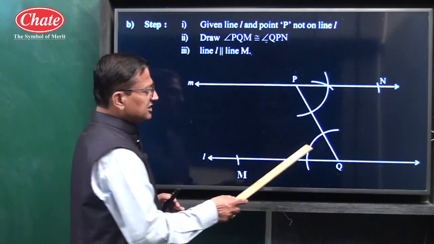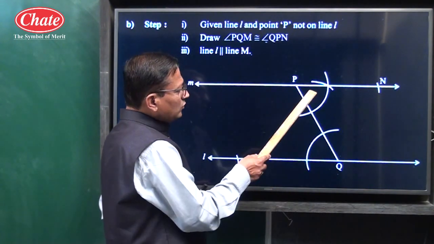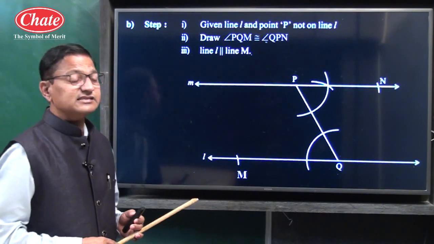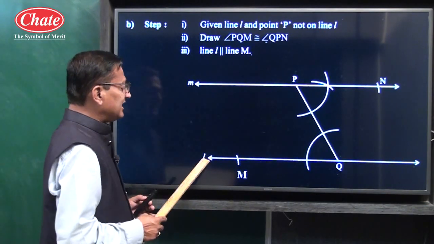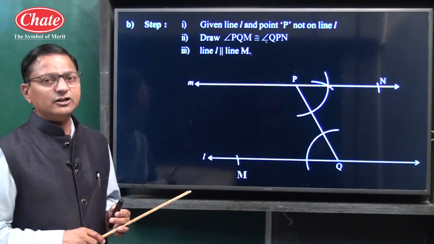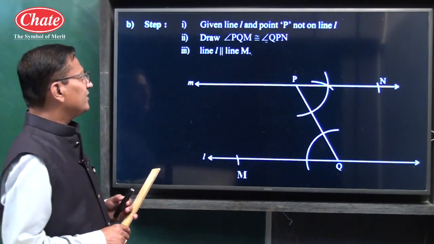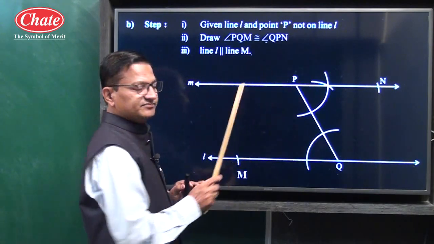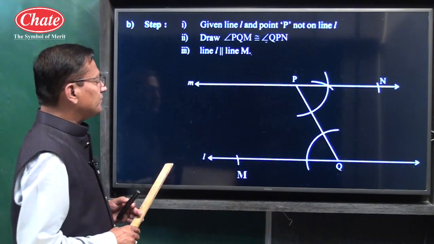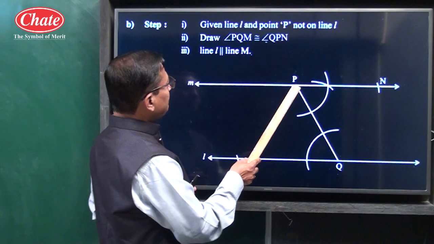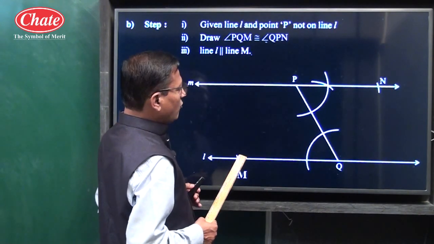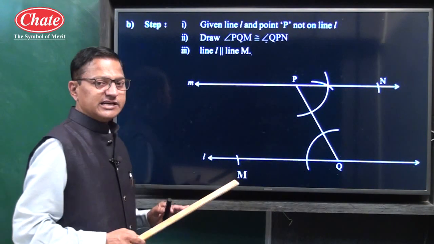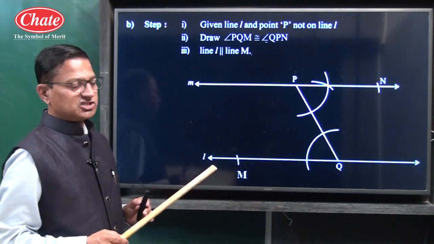If we construct this angle congruent to this angle, then both the angles are alternate angles and therefore line M and line L are parallel to each other. So, given line L and point P which is not on the line. Step 2: draw angle PQM congruent to angle NPQ by using the same construction.